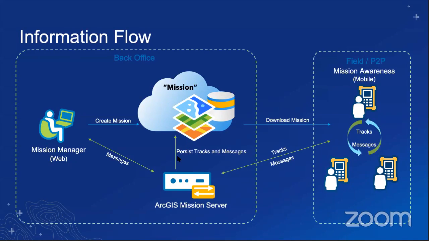ArcGIS Mission Server will also save this data in the ArcGIS platform or cloud for future analytics and reviews. Updates will be sent from the back office to the field and vice versa, from the mobile app to the mission manager. And the data will also be stored under the mission item.